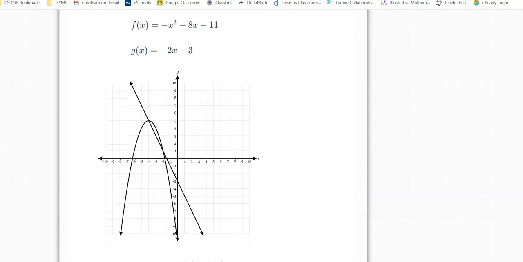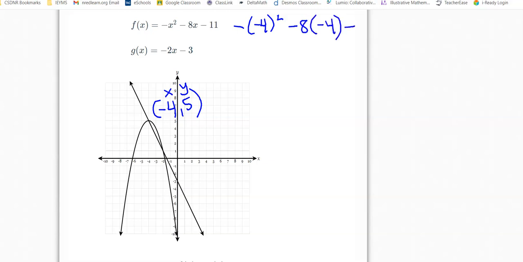So again, if I go back for a second, and I just look at this point here, -4, 5. If I were to substitute this value for x and that value for y in this equation, -4 squared minus 8 times -4 minus 11, it should equal y, which is 5.